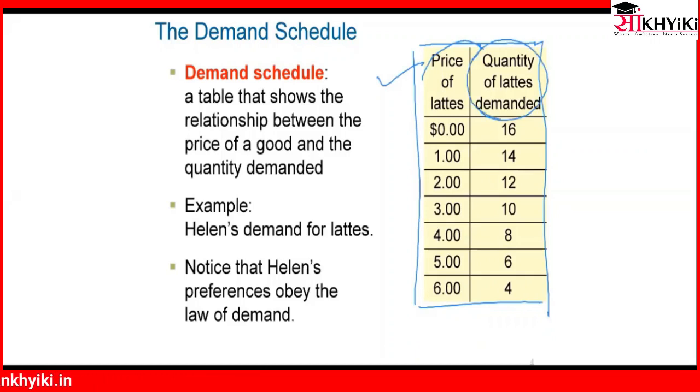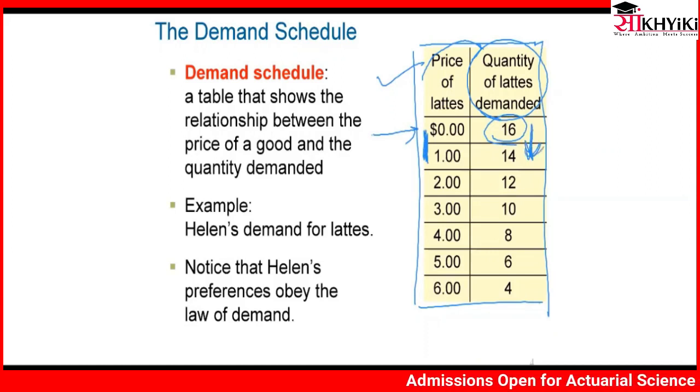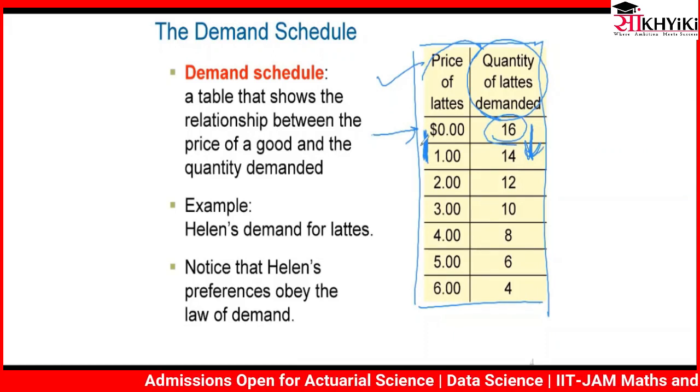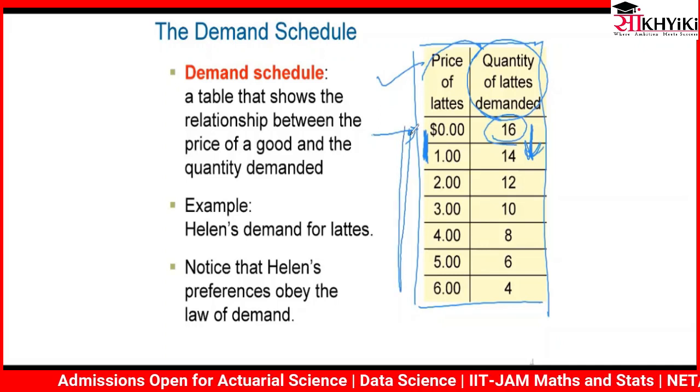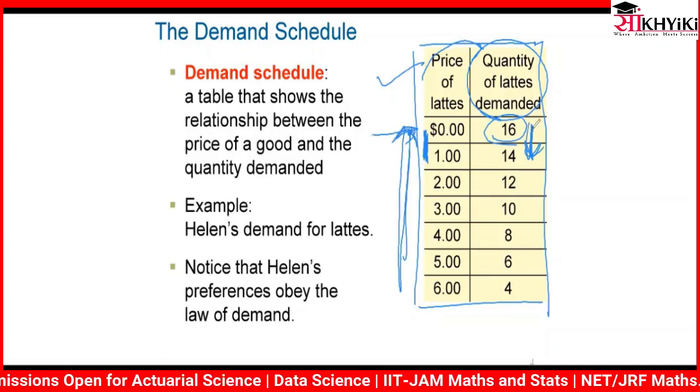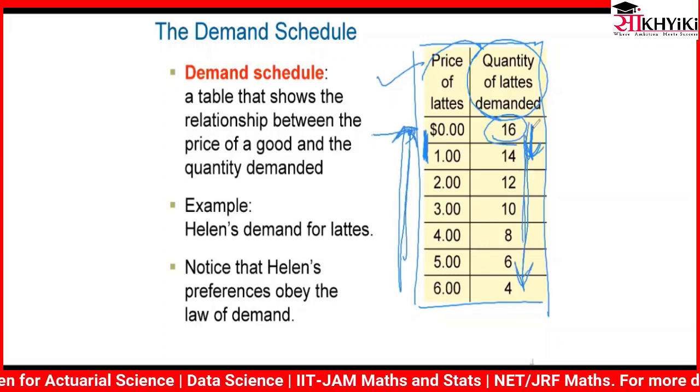So when the price is 0, the quantity demanded is 16. When the price increases to 1, the quantity demanded decreases, because it's human tendency. As price increases, you will buy less of that good. So as price keeps on increasing, the quantity that you keep demanding keeps falling.